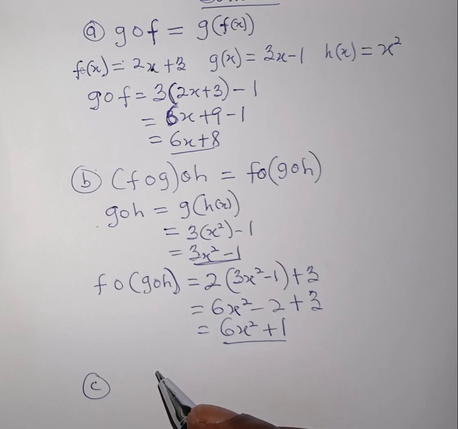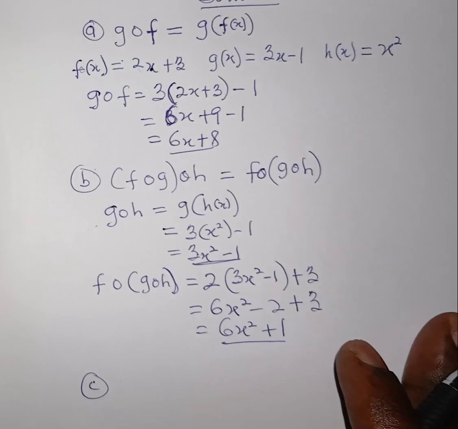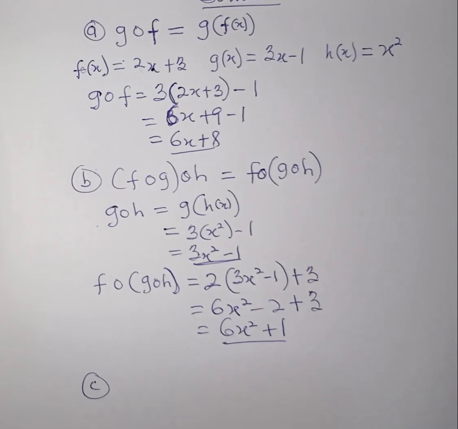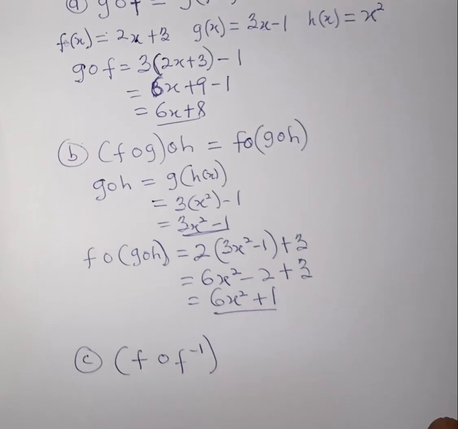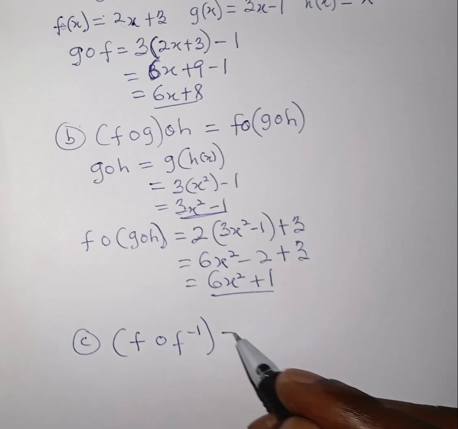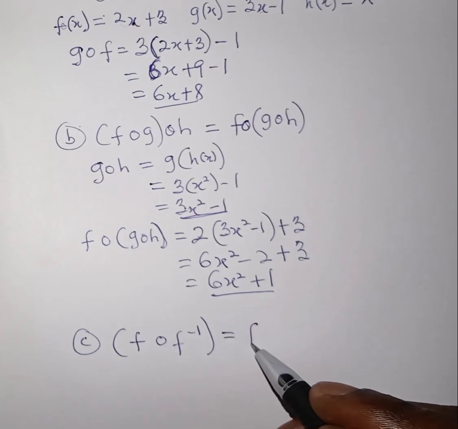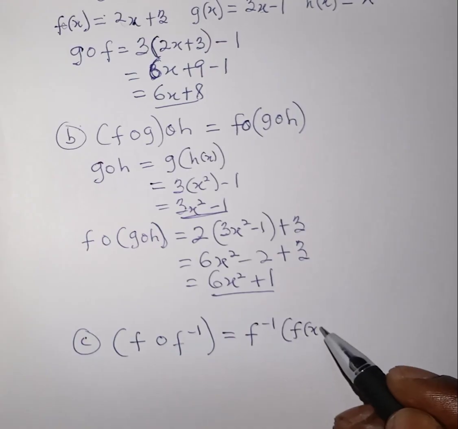So my C is also given as, good. So you remember this property, we said that you can also write it as f of f inverse at x.